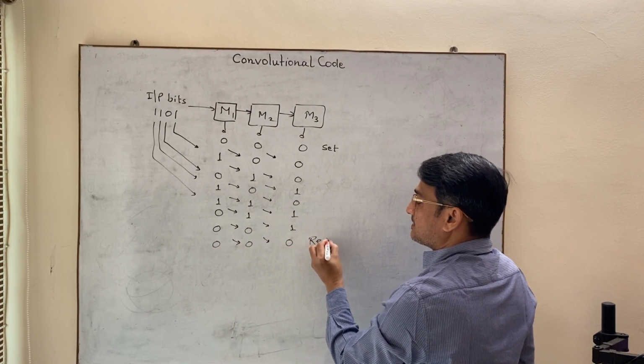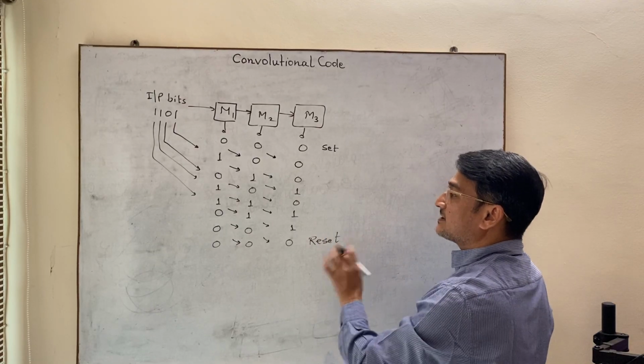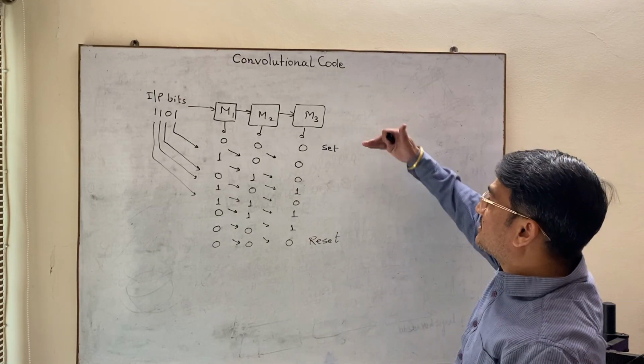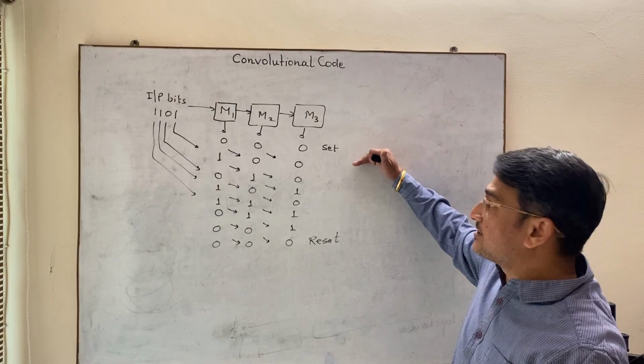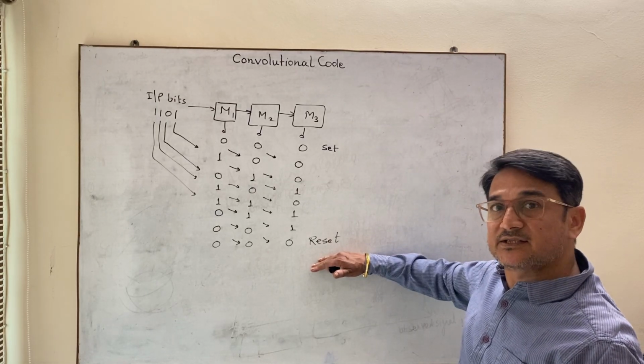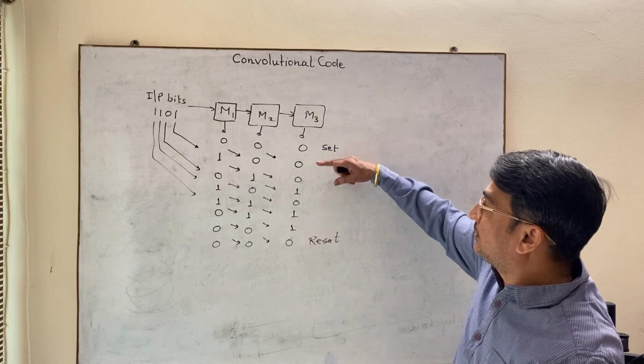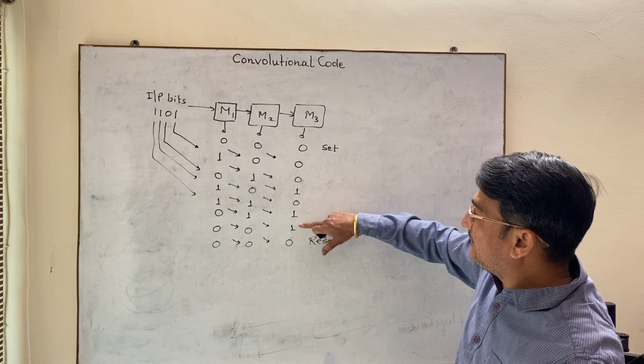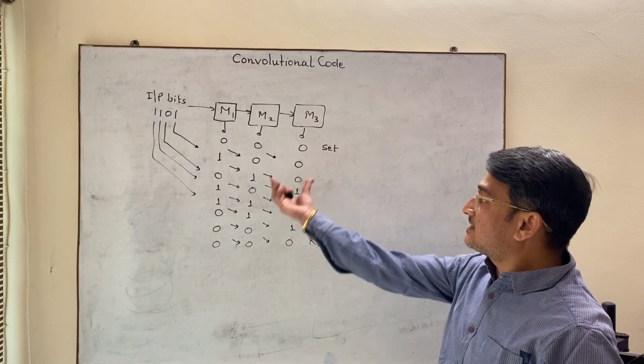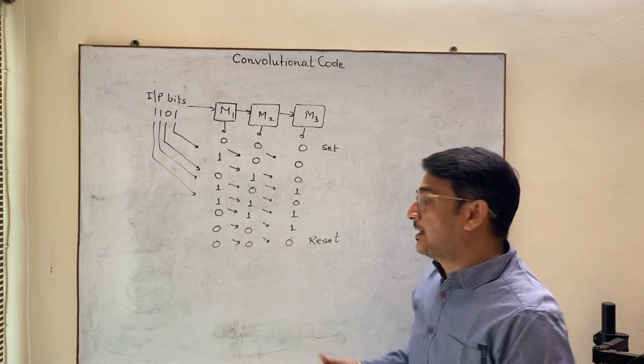So again it has become 0, 0, 0. This is your reset. So first it was set at 0, 0, 0. Second it is resetting again at 0, 0, 0. 1, 2, 3, 4, 5, 6 and 7. In the seventh step it is resetting.